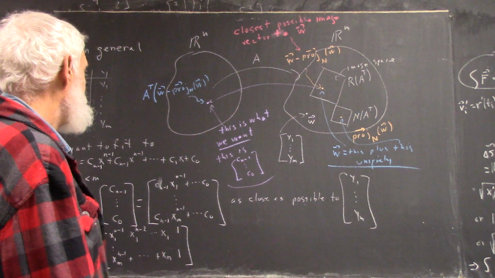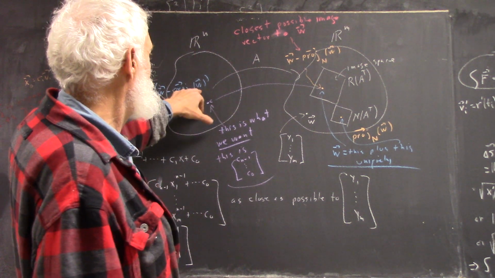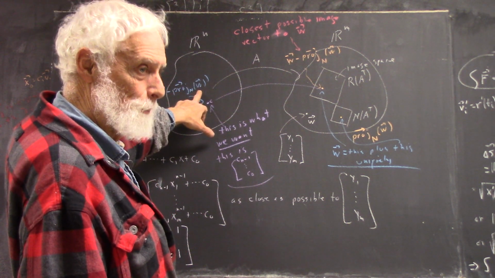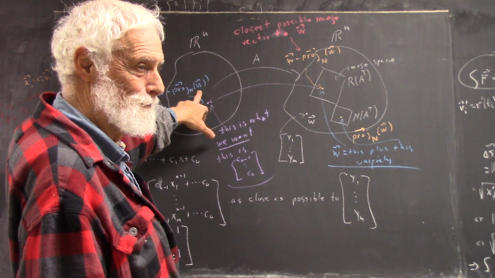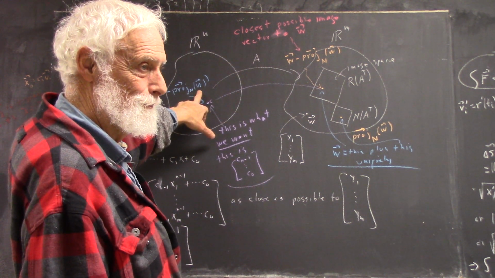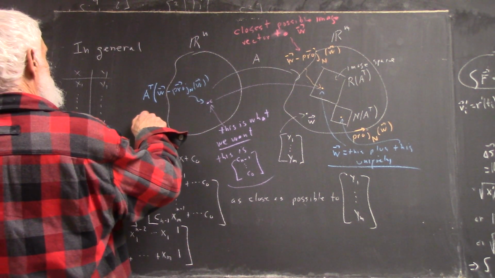But what's A transpose minus a vector in the null space of the transpose? A transpose.